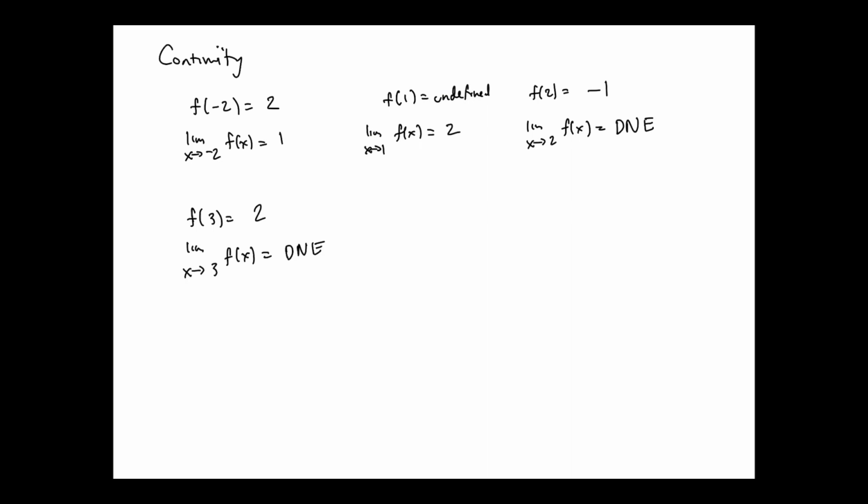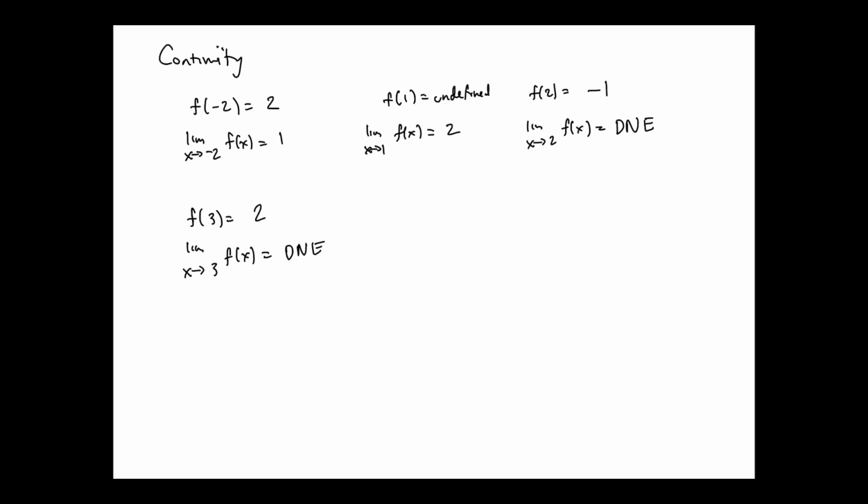And they cannot be the same in a couple different ways, because we've got undefined and 2 and -1 versus D and E, right? Those are definitely not the same kind of thing because they're not both numbers, okay? And so what this basically does is it tells us exactly what it means to be badly behaved. The limit of the function and the value of the function are not the same thing.